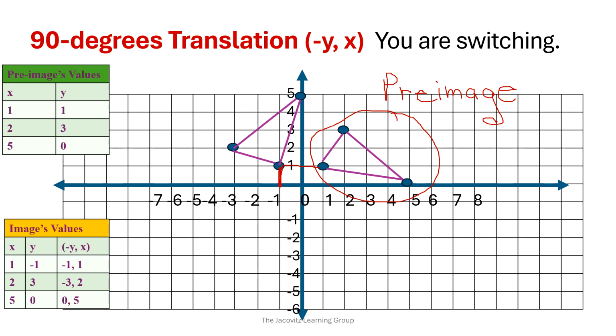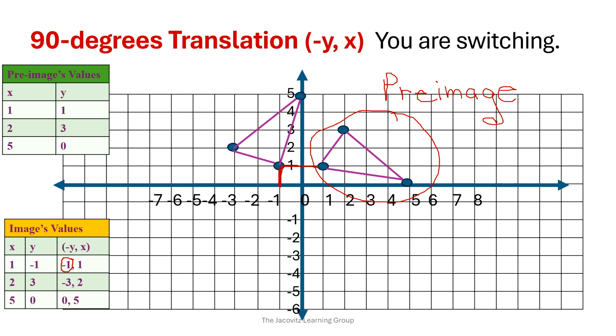But it's 90 degrees going down. Why? Because you switch the x and the y, and you make the y the x value. And people get confused with that because they forget that with translations, this is how this works. So if you think about that, that's going 90.